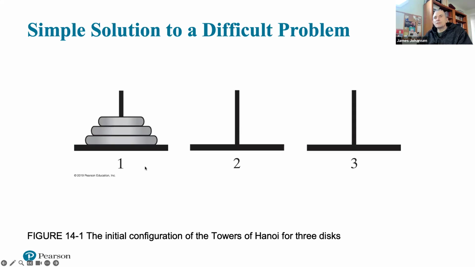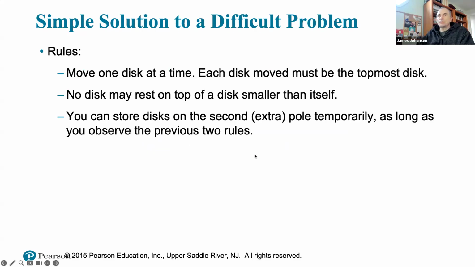So this is something that's in the textbook. It's something called the Towers of Hanoi. The goal is to try and get all of these disks over here on number 3 with the largest one on the bottom. But this is a stack, and you only have access to the one that's on top. And so that's the scenario that we have.